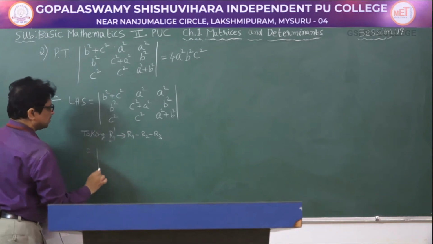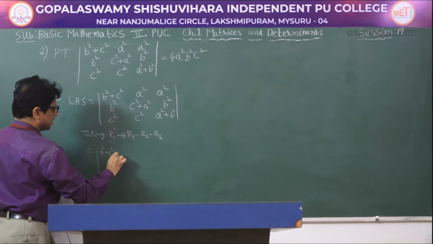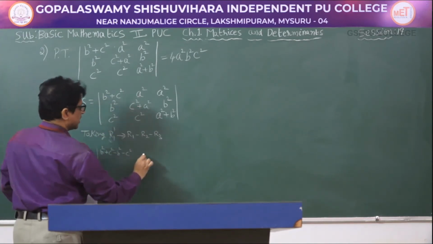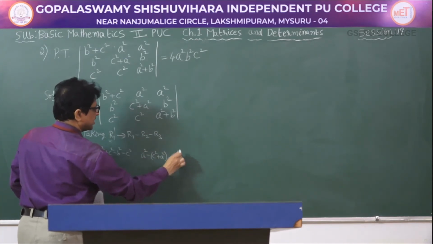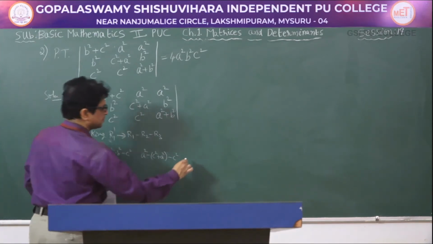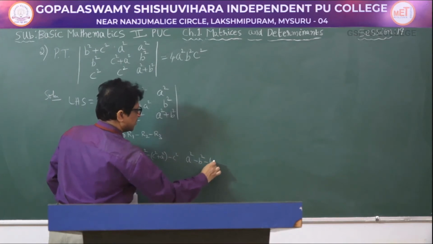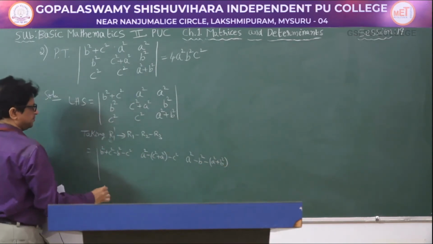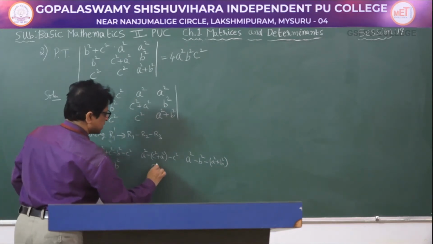That will be equal to, so B square plus C square minus B square minus C square. This becomes A square minus of C square plus A square minus C square. A square minus B square minus of A square plus B square. And remaining two rows remain as it is.